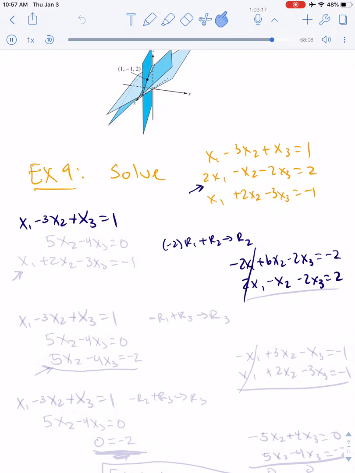Those go away. So my new row 2 is 5x2 minus 4x3 equals 0. And my third equation is going to stay the same for now. x1 plus 2x2 minus 3x3 equals -1.